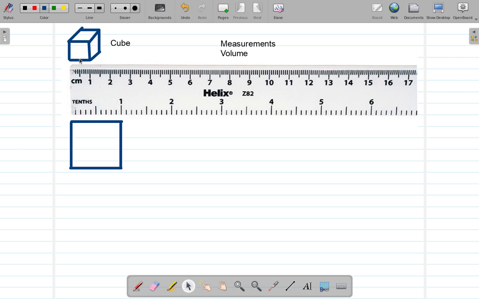Now, since the sides of this cube are 1 centimeter wide, 1 centimeter high, 1 centimeter long, then the volume is equal to 1 cm times 1 cm times 1 cm.